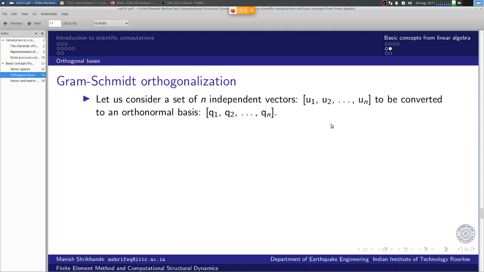But if we transform it into an orthogonal basis using orthogonal transformation, then suddenly the problem becomes so simple, and you will realize that in your theory of vibrations course, when you come across the solution of equation of motion for coupled equations of motion, coupled differential equation for multi-degree freedom system.